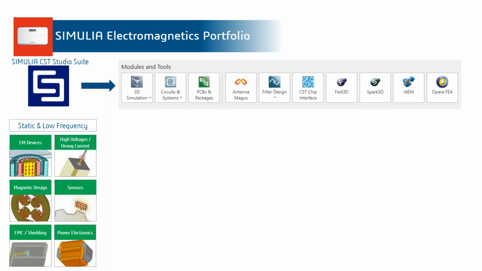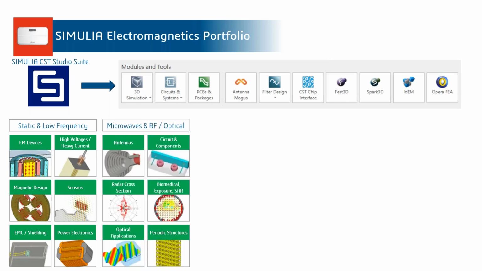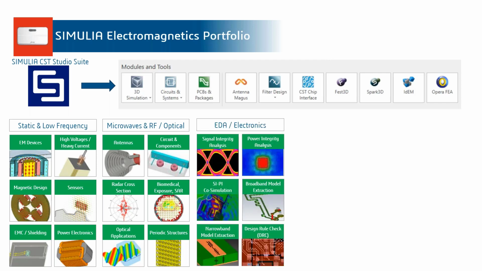We can design and analyze sensors within CST Studio Suite. Then we have microwaves and RF or optical, where we can design and analyze antennas, circuit components, radar cross section, biomedical exposure, SAR, optical applications, and also periodic structures.